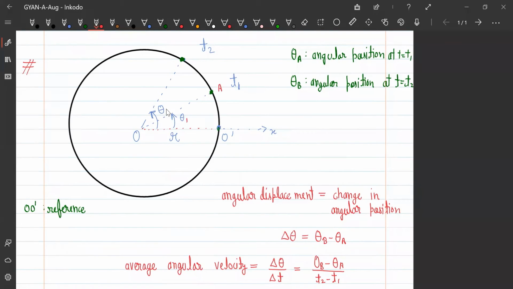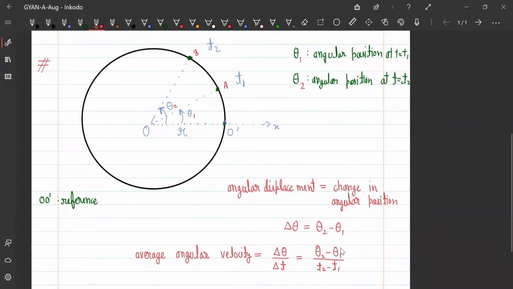At A this is 1, at B this is 2. So I can write this as theta 2 minus theta 1 upon t2 minus t1. That is average angular velocity.